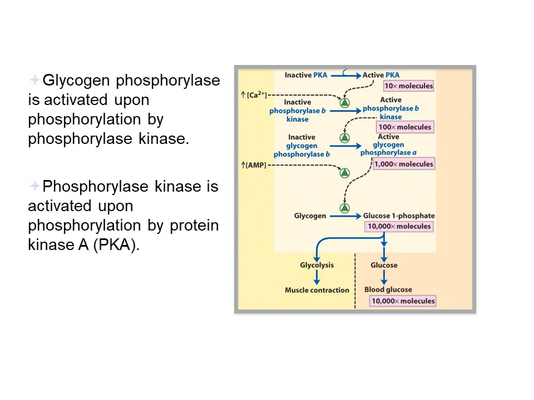Phosphorylase kinase is activated upon phosphorylation by protein kinase. This is the phosphorylase kinase in inactive form. It is converted into active phosphorylase kinase by the protein kinase PKA, and then inactive glycogen phosphorylase is converted into active glycogen phosphorylase, and this was done by the phosphorylase kinase.